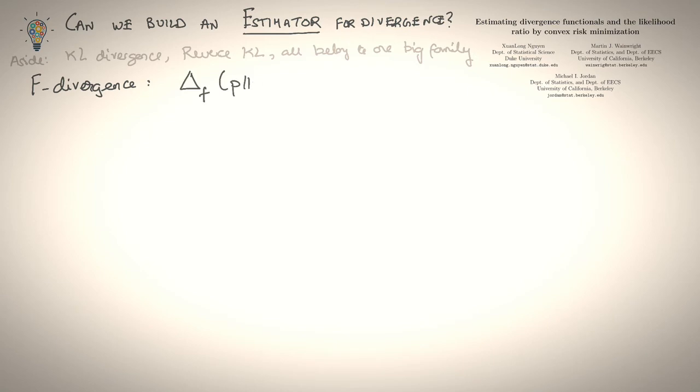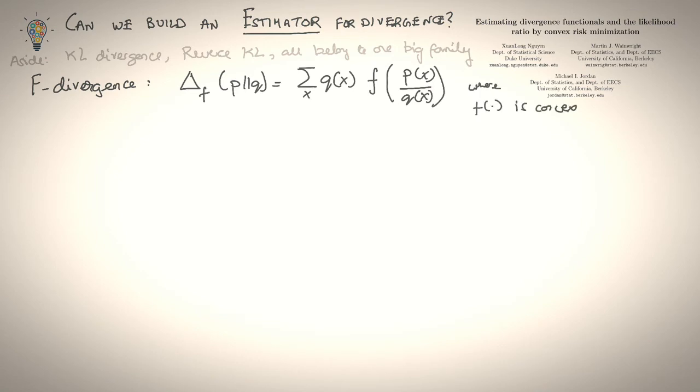The way it goes is, D_f between p and q is the expectation of f of the density ratio between p and q, measured with respect to q, where f is any convex function.